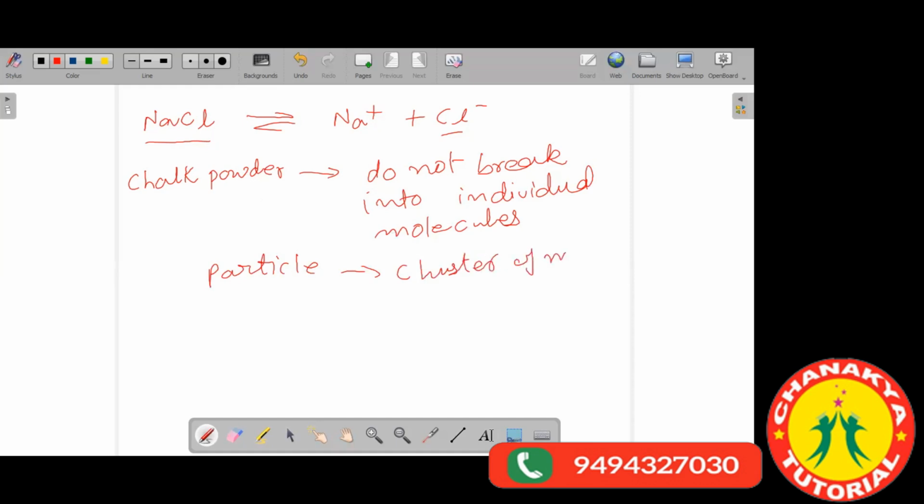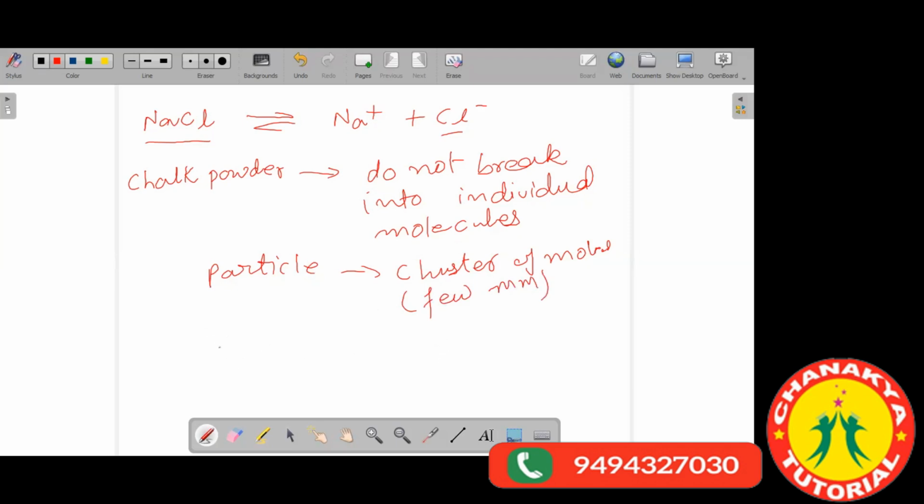Definitely the size of the chalk powder particle will be bigger, since a group of molecules makes it up. It will be approximately a few millimeters, so it can be easily observed with the naked eyes.